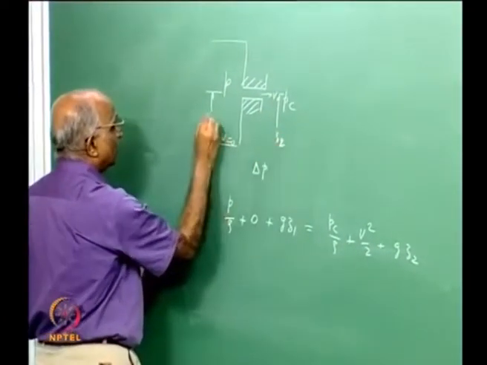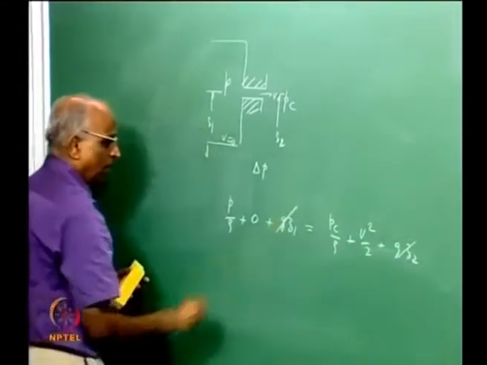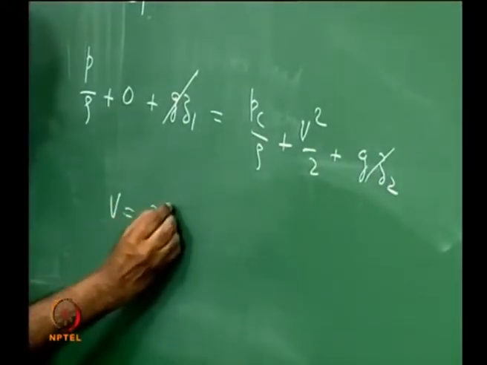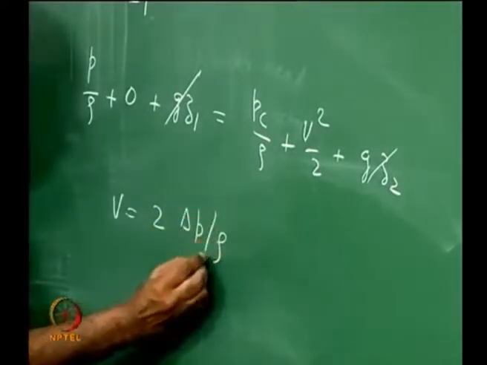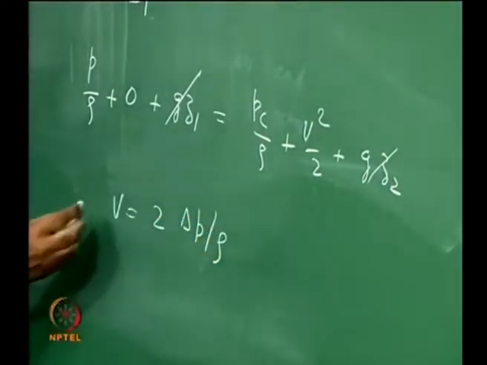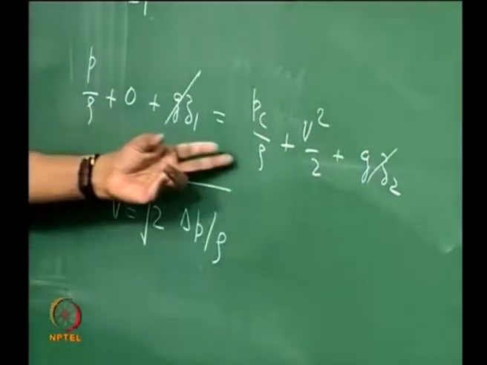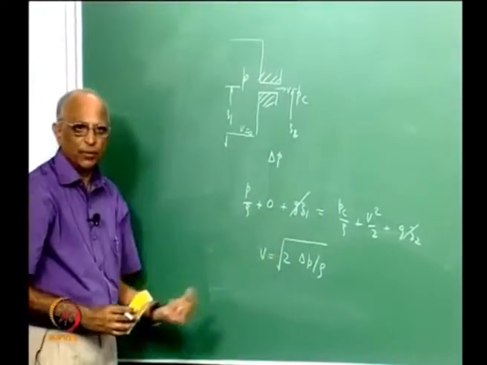I can take Z1 equal to Z2 because there is not much change in height, and therefore I immediately get V squared is equal to 2 into (P minus Pc) by rho, that is 2 delta P by rho.